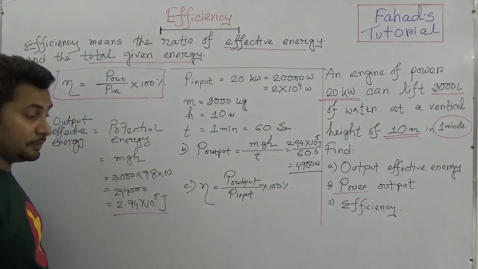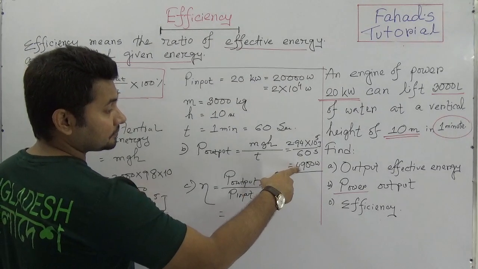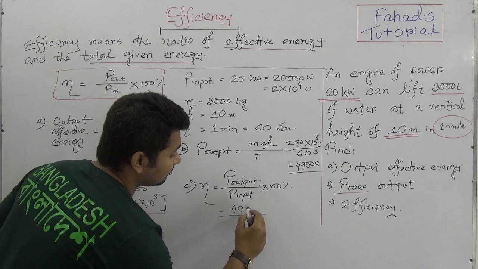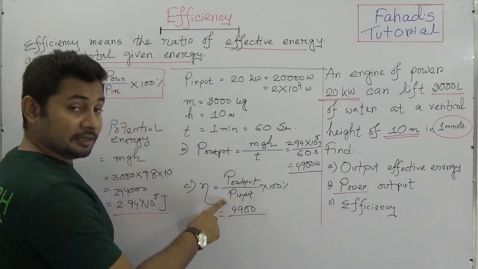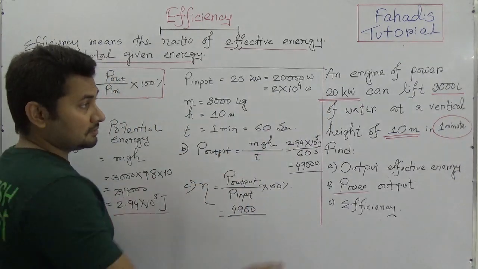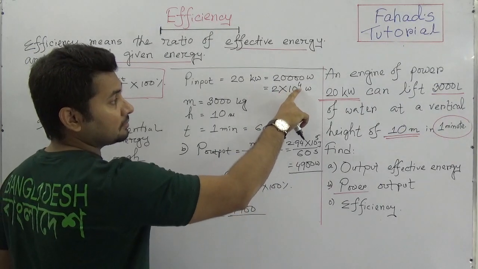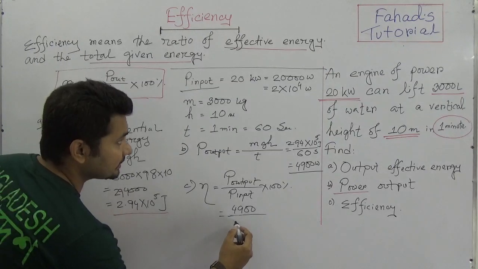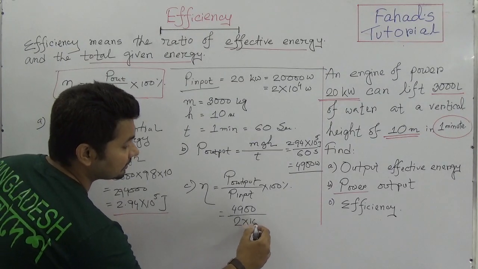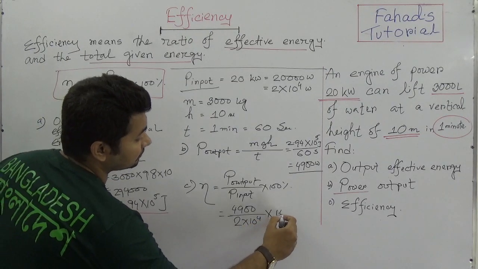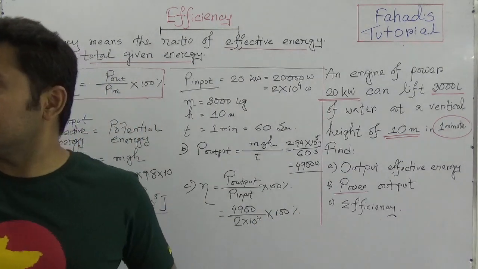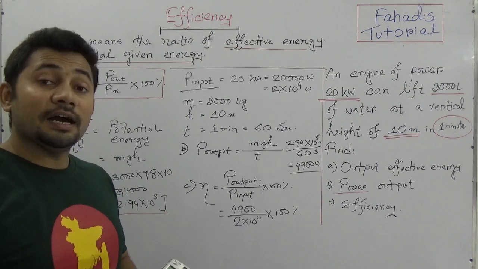We know that 4900 watt is the power output and my input was 20 kilowatt, which means 2 times 10 to the power 4 watt was the input. So I can say 4900 times 100 over 2 times 10 to the power 4, which is 20 kilowatt. We measure it in 100% because we need to think about what the efficiency would be in 100 joule.